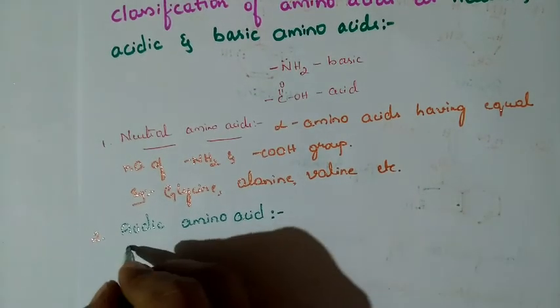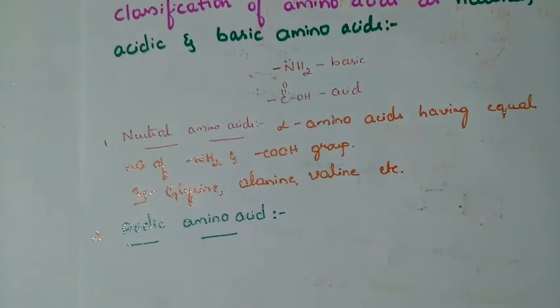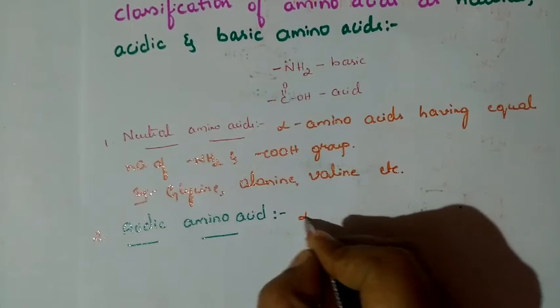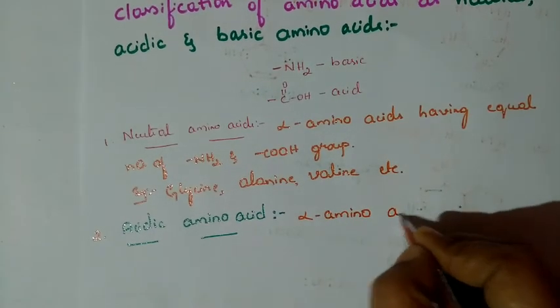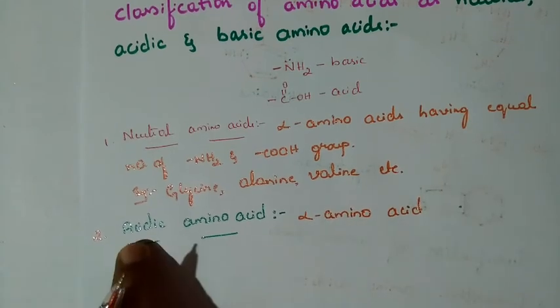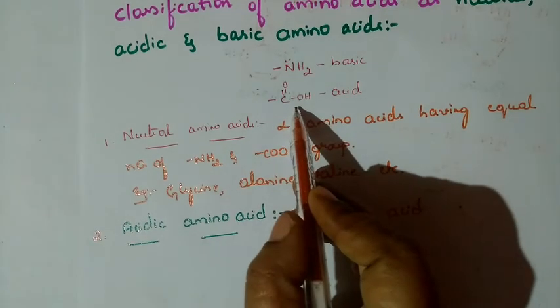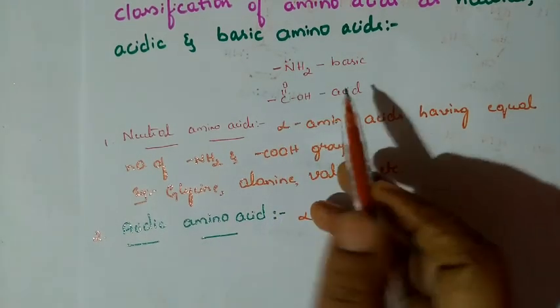So acidic amino acid is the alpha amino acid containing, since the name itself suggests it is acidic, that means the acid groups, the COOH groups, are more in them.